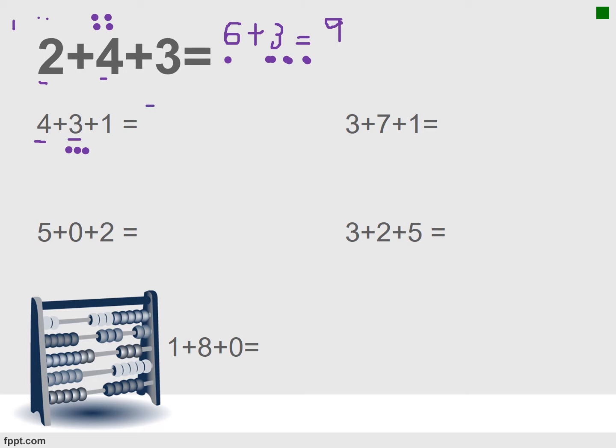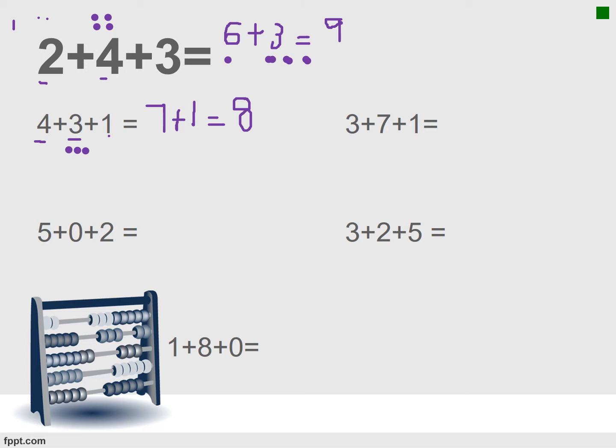So 4 plus 3 is 7 plus, what is the number we are left with? Number 1. Then we can write number 1 here, and when you add 7 with 1, the answer is 8.